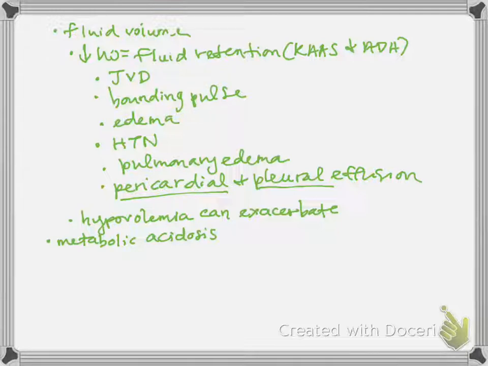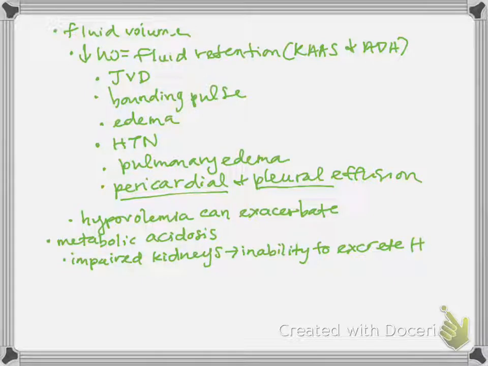What's happening is we have impaired kidneys, obviously, which leads to an inability to excrete hydrogen ions and acid byproducts because of defective reabsorption, regeneration, and buffering of hydrogen ions. We're not able to retain enough bicarb to match up the hydrogen ion ratio. Remember, that's 20 bicarb to 1 hydrogen ion.